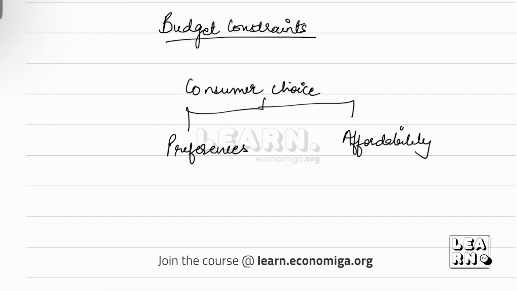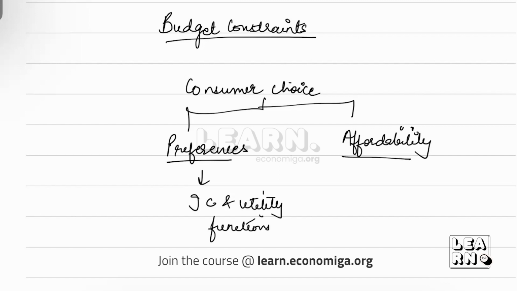What a consumer will ultimately buy depends upon what they prefer, given by their indifference curves and utility functions, something we will do later on, and what they can afford to buy. What they can afford is given by their budget. In this lecture, we are going to focus on budget.